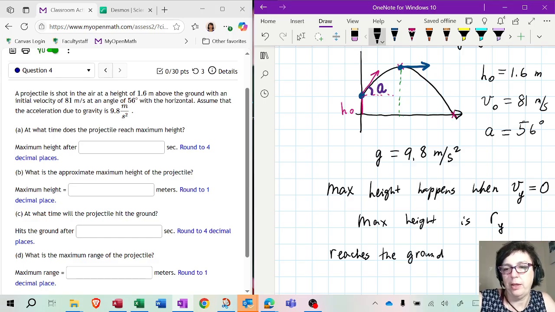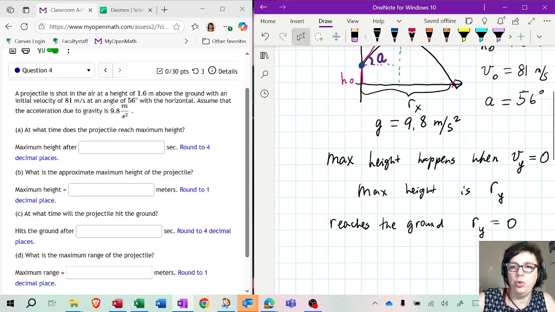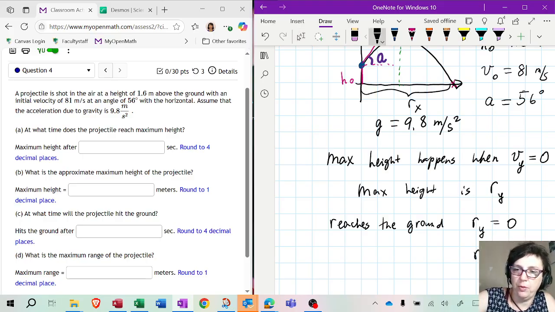This is when you look at this point right here. So what is special about this point? The x, which is this rx, is not 0, right? But the y coordinate of that point is 0. So here, ry will be 0. And usually they ask you to find the range of the projectile. So they will ask you, what is Rx? That's range.